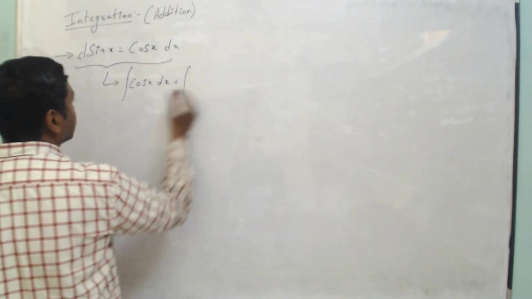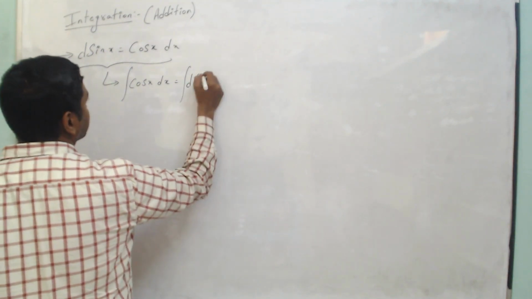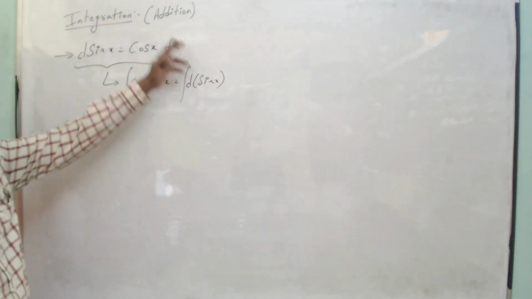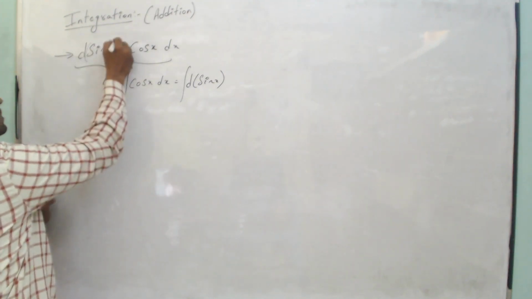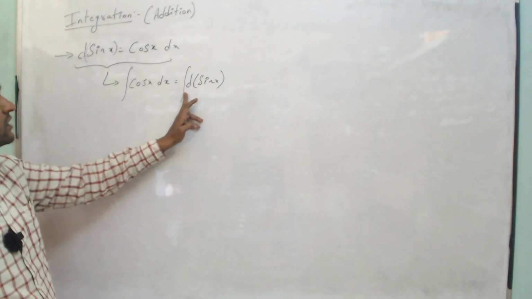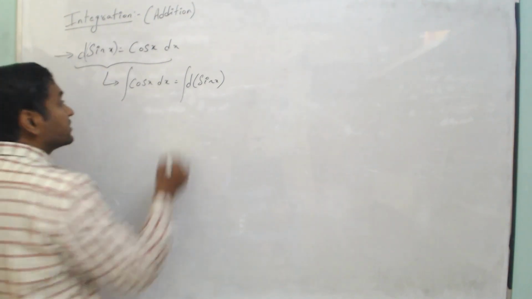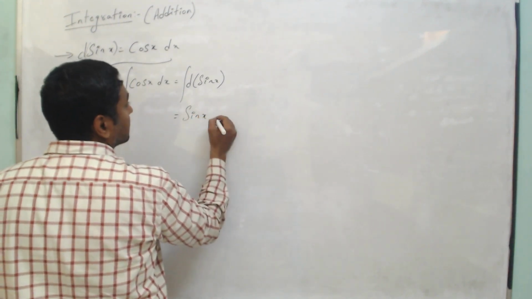Or I can write cos x dx as the differential of sin x, so the integral of the differential of sin x. Integral and differentiation are two opposite functions, therefore I will get sin x. Is this clear?